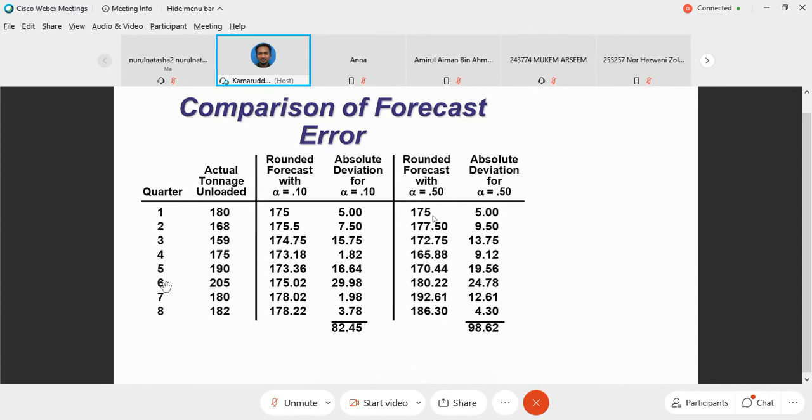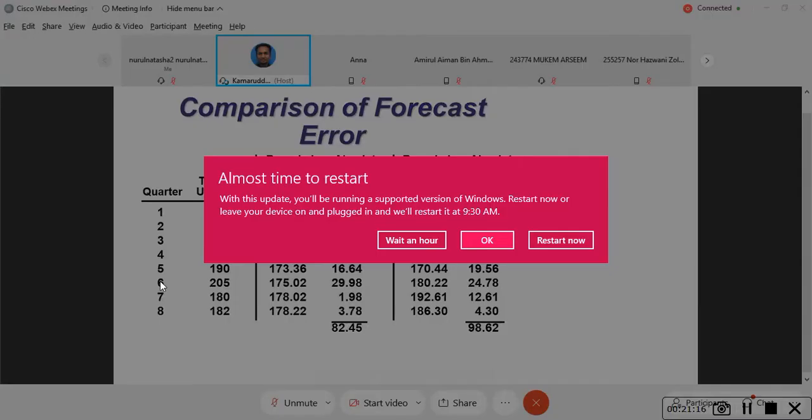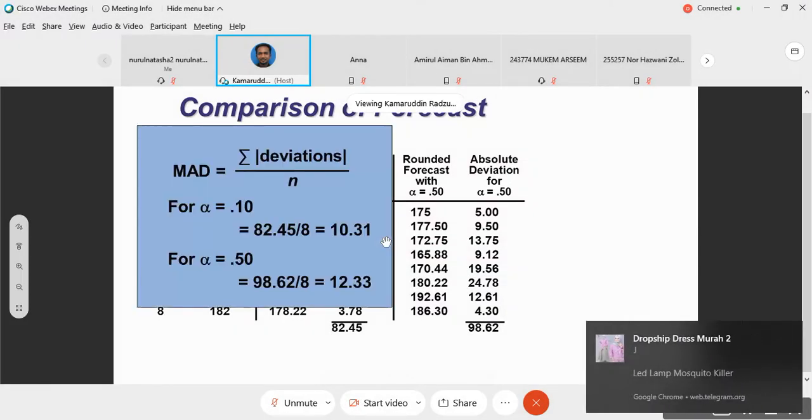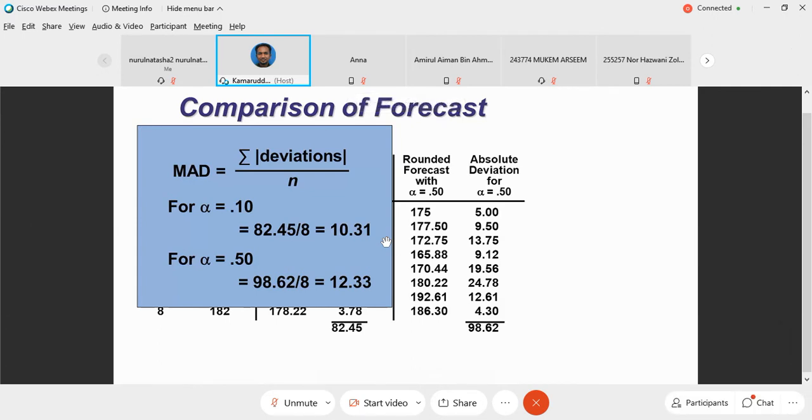And the same with the alpha value of 0.5, we will repeat the process of calculating the absolute deviation. And the total absolute deviation for alpha value of 0.5 is 98.62. So what is the mean absolute deviation we have here for the exponential smoothing?